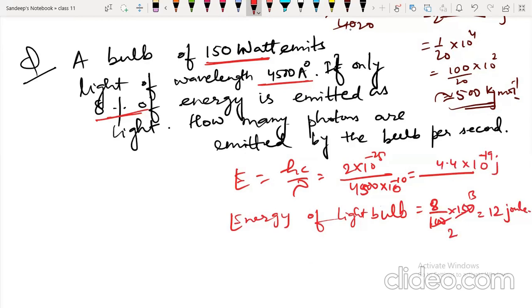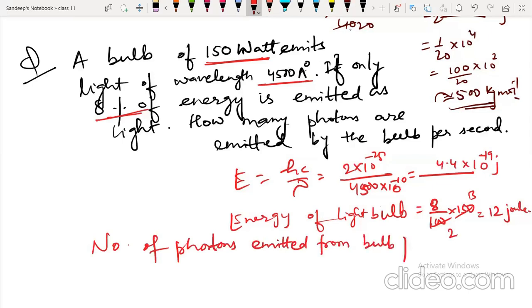Very good. So now number of photons emitted from the bulb per second. So what you need to do, you have to divide this energy, that is per second. This is actually joule per second. So 12 upon 4.4 into 10 to the power minus 19 joule. This is joule per second. So joule cancel, that will give you the number. So divide this and you will get the answer.